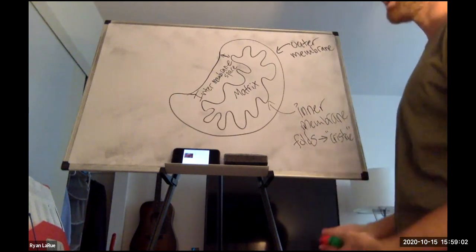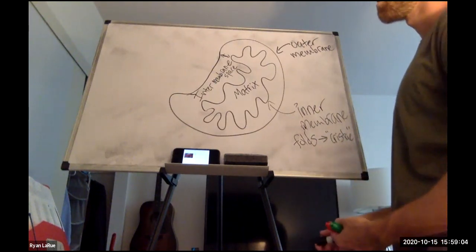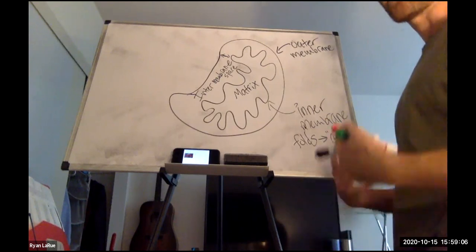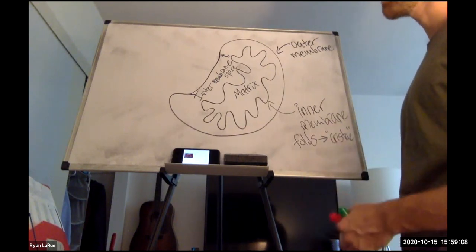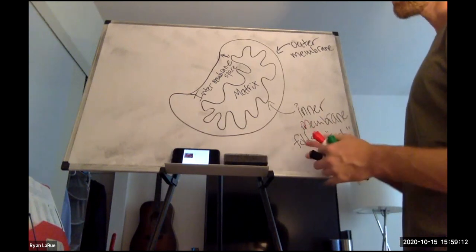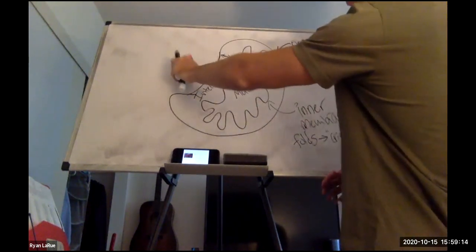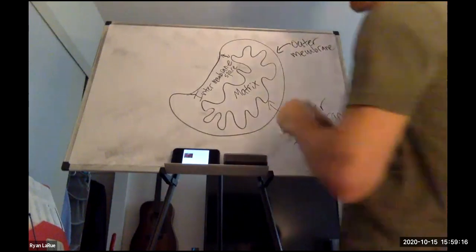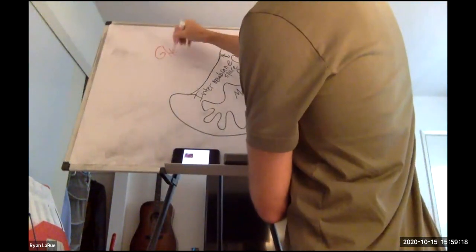Importantly, the remainder of our aerobic cellular respiration occurs in the mitochondrion. But glycolysis occurred out here in the cytoplasm, right? So this is where glycolysis happened.